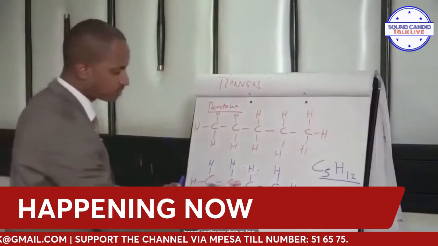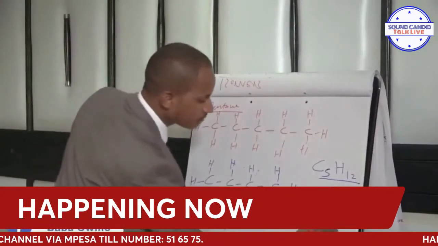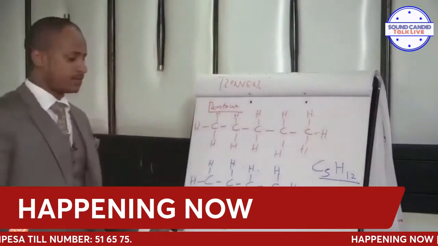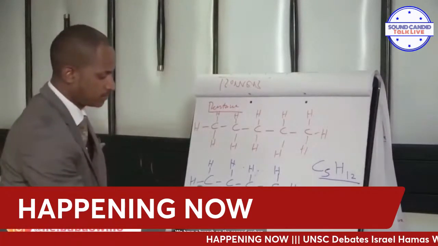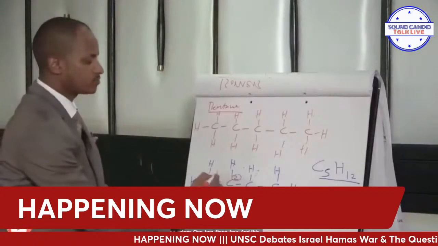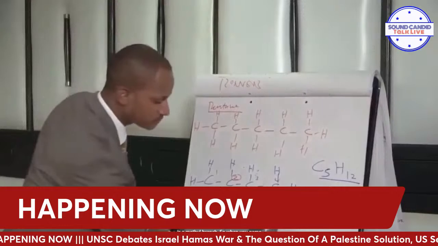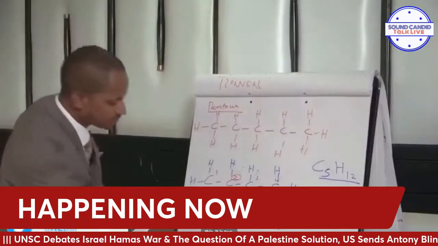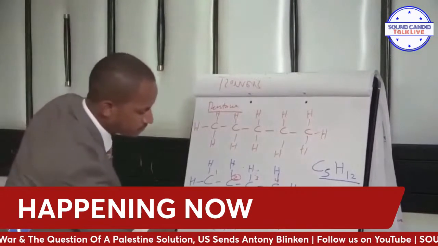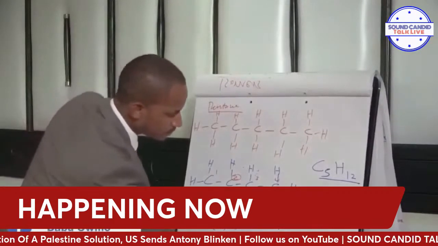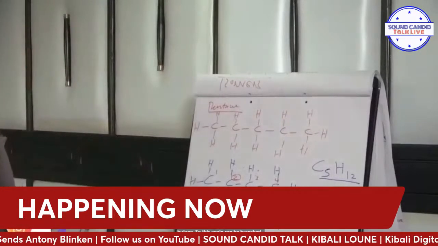Identify the longest continuous chain as 4 carbon atoms. That makes it butane. Then we have a branch on the second carbon atom, 1, 2, 3, 4. And this is a methyl branch. So when you name this, it is 2-methylbutane. So this again can be branched.